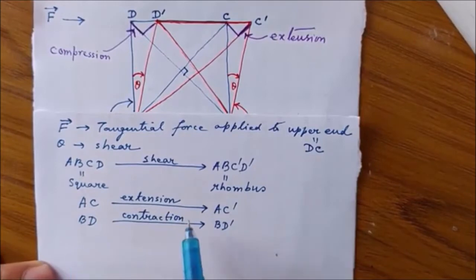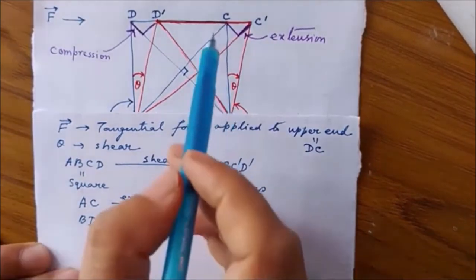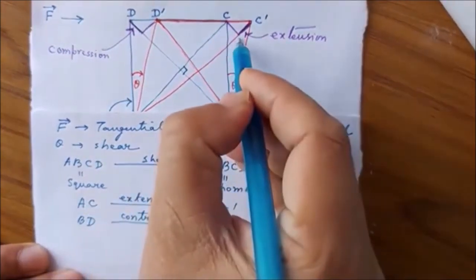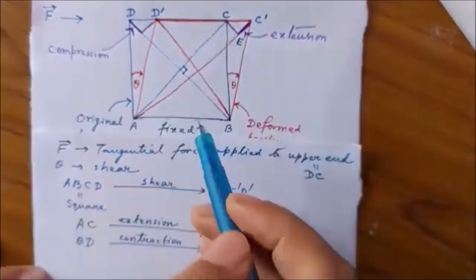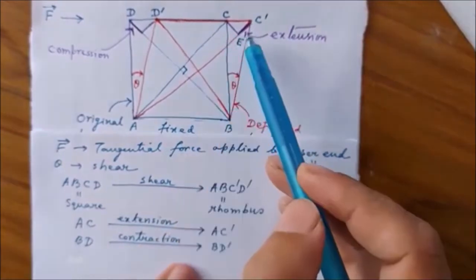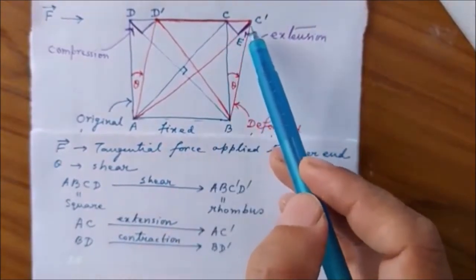To find the amount of extension, the perpendicular CE has been constructed on the diagonal AC prime and the amount of extension is EC prime.